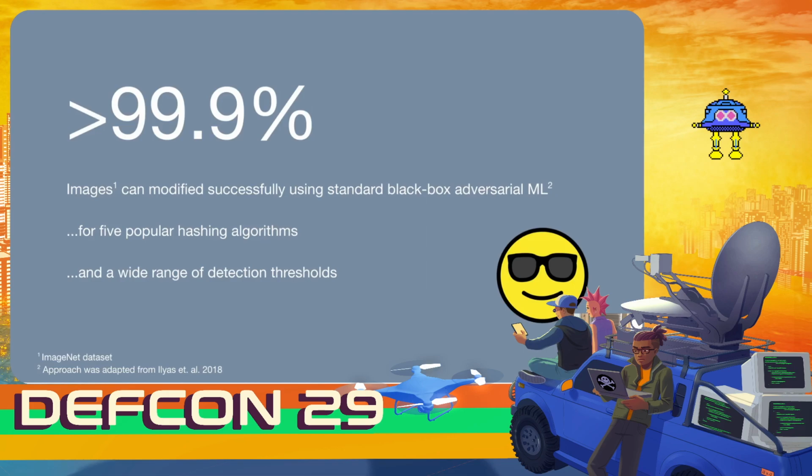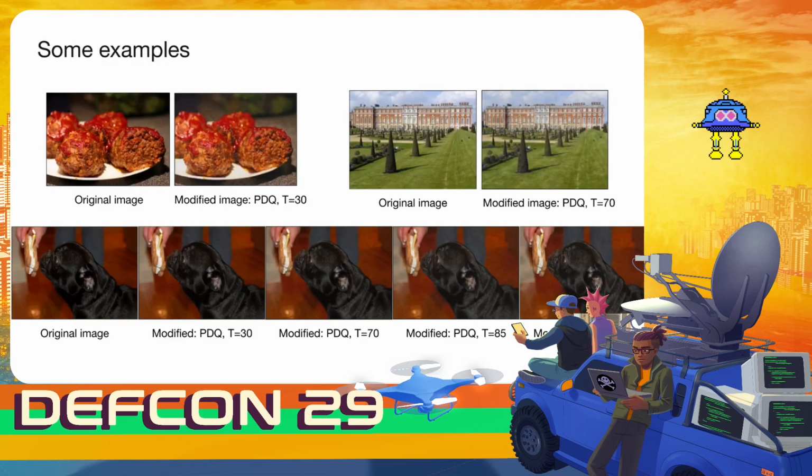We ran this on an ImageNet dataset, and we adapted the approach from Ilyas et al., from the work done in 2018. And the images look like this. We show these images when PDQ was attacked for different thresholds. At the top you can see the images for thresholds 30 and 70. At the bottom you can see a single image when it was attacked for 4 different increasing thresholds.